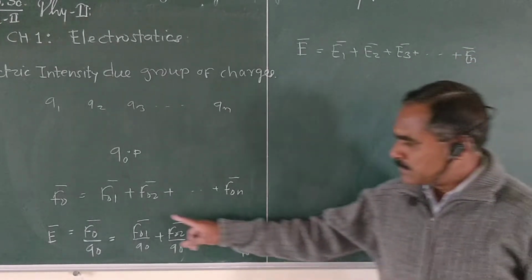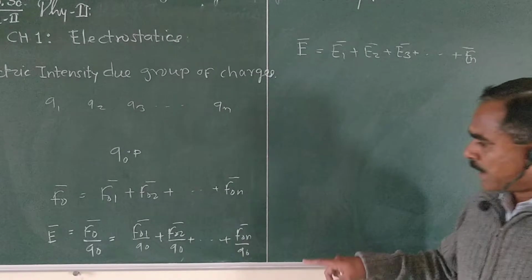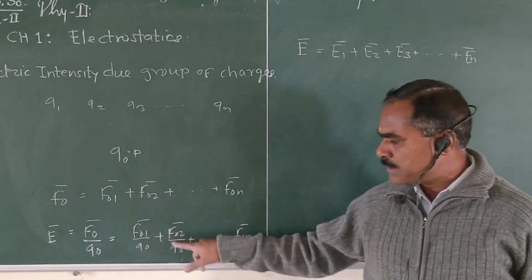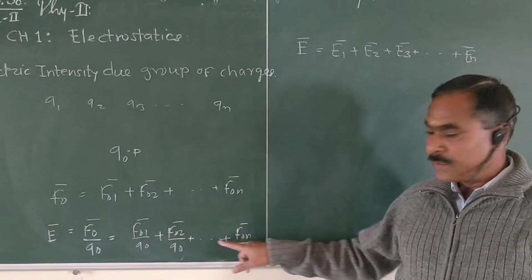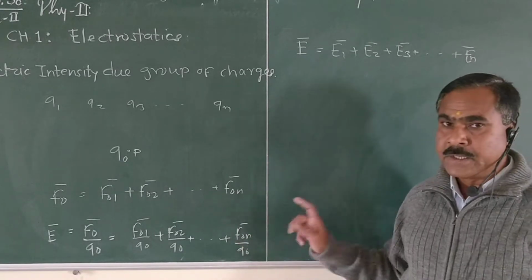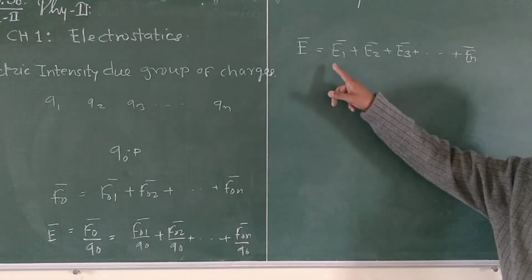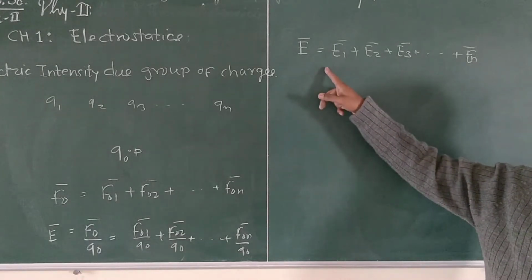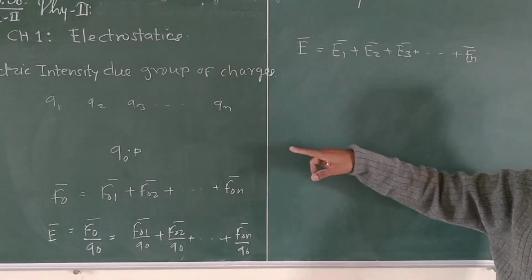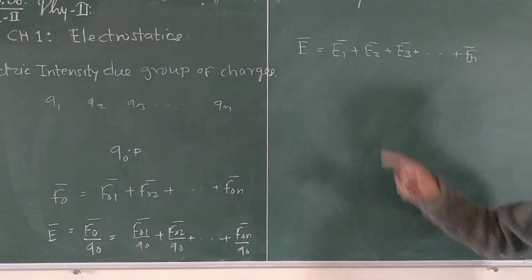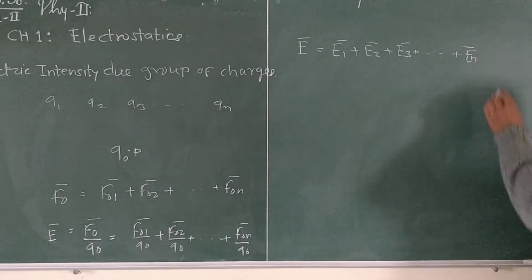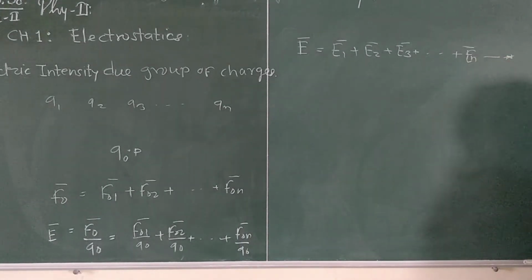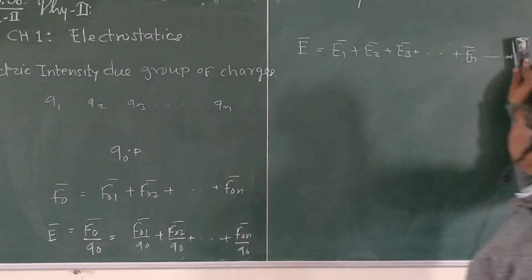These all have values, that is this is E1 bar, this is E2 bar, this is E3 bar up to En bar. So this equation gives the resultant intensity at point P where we have to place the charge Q naught. So this is the last equation, right?